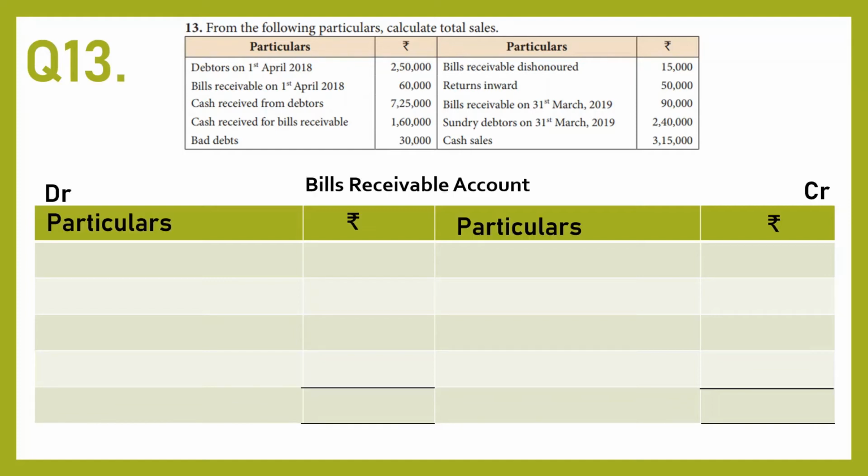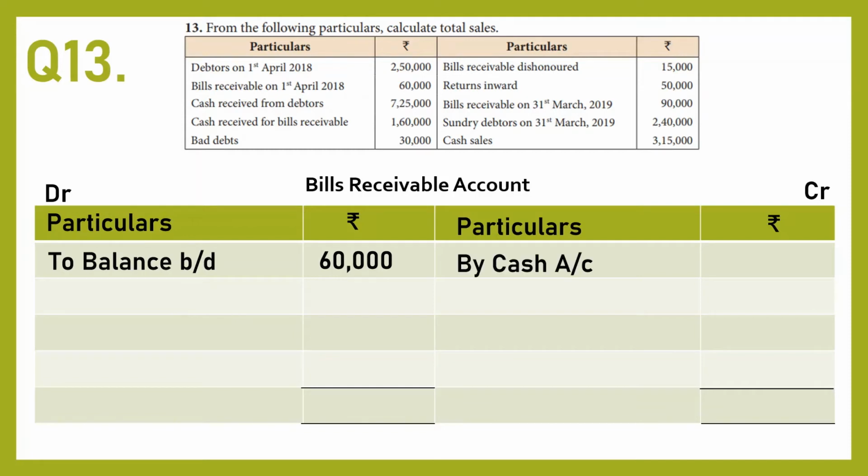So in the bills receivable account, there are some details which have been given in the problem. So what are the details given? So we have the opening balance. So let us start with the opening balance. What is the opening balance? The balance is 60,000. So this is to balance brought down, which is 60,000.